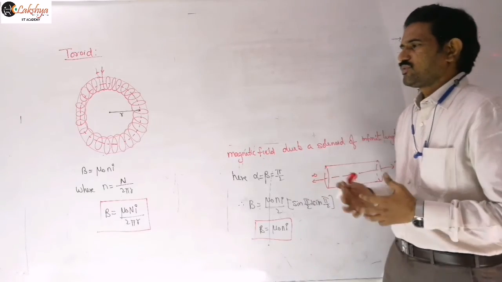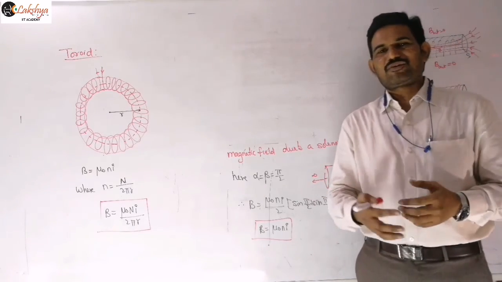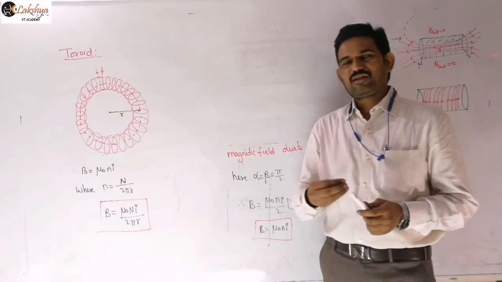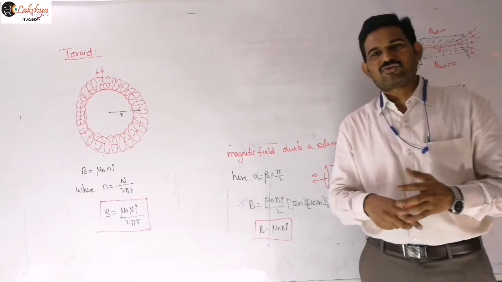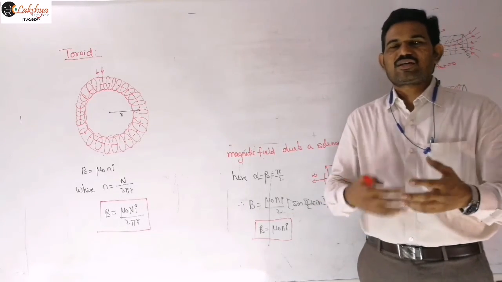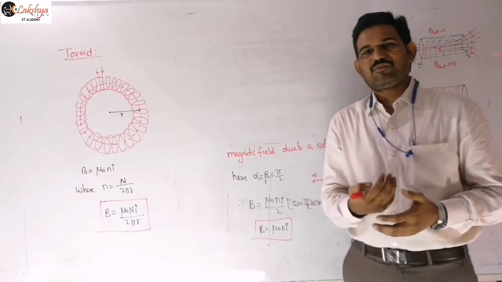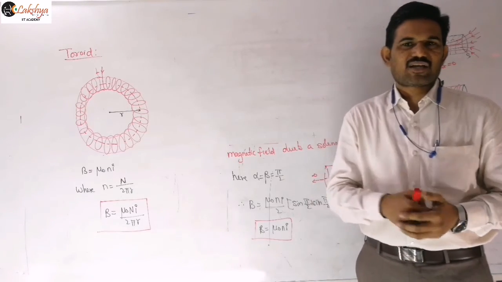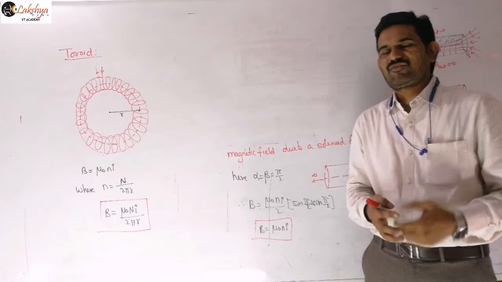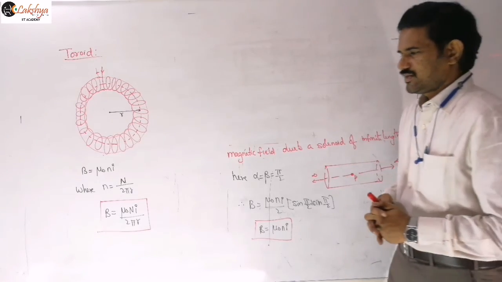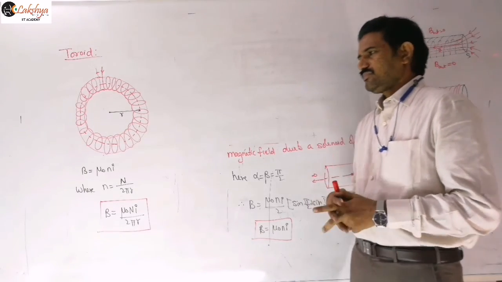Based on this solenoid, they may give different problems. In the coming sections like EMI, there will also be some problems based on this. A solenoid can produce a variable magnetic field or the desired magnetic field. If you simply vary the current, then the magnetic field produced by the solenoid also changes, right?